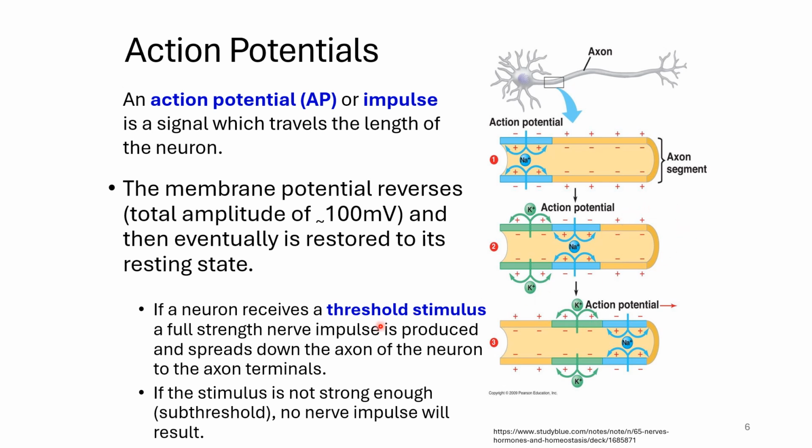But remember that you have to reach that threshold. If it's not strong enough to reach threshold, and threshold is about -55 millivolts, then you will not have a strong enough impulse to open those voltage-gated sodium channels.